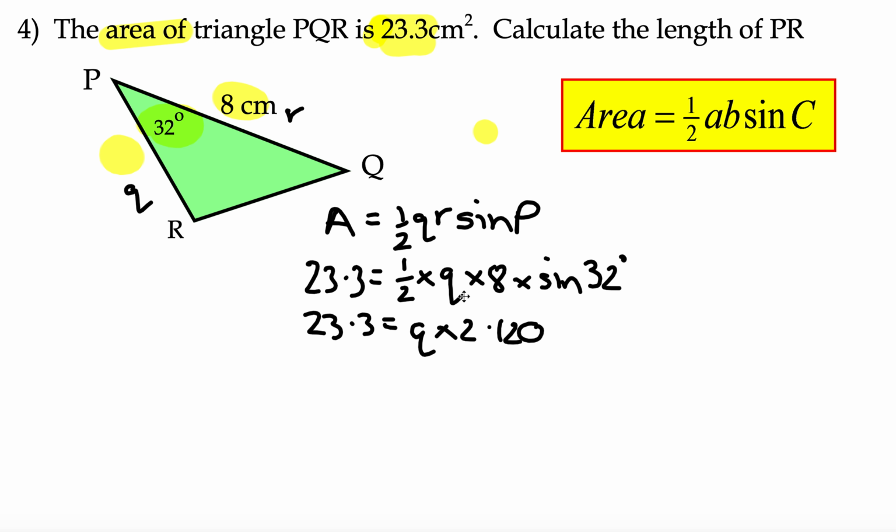And we know from our algebra that if we want to get that Q on its own, we want to divide both sides by the number, which in this case is 2.12.